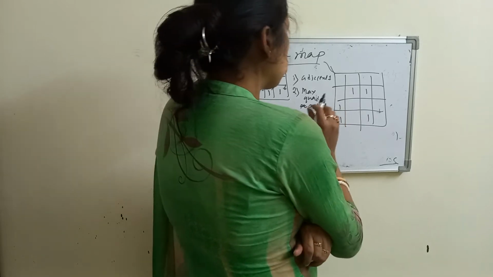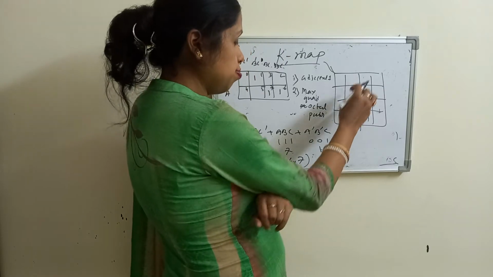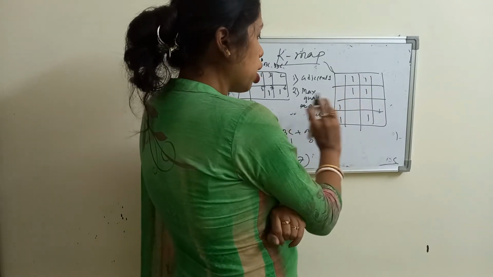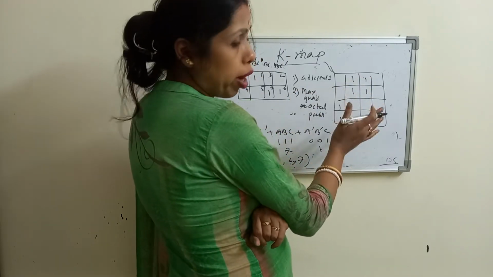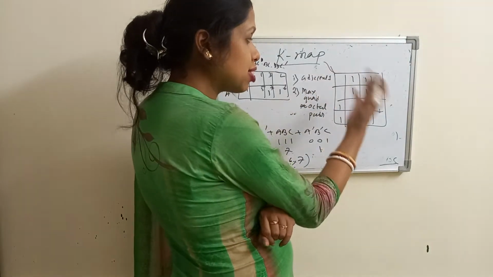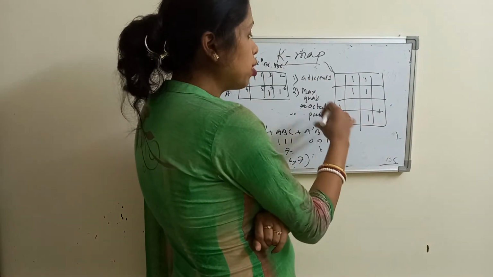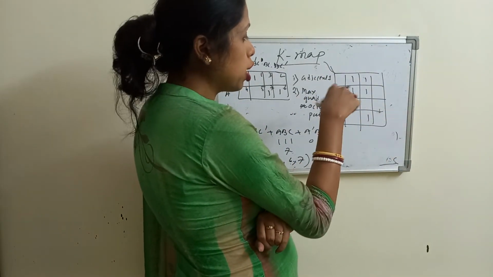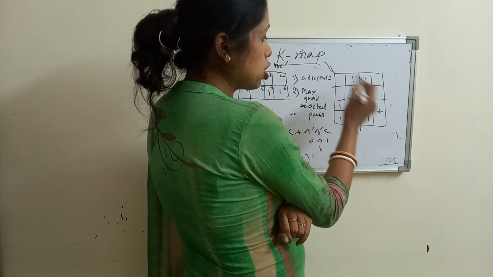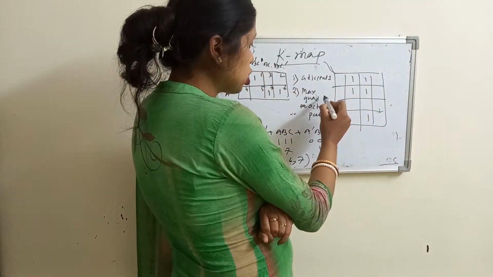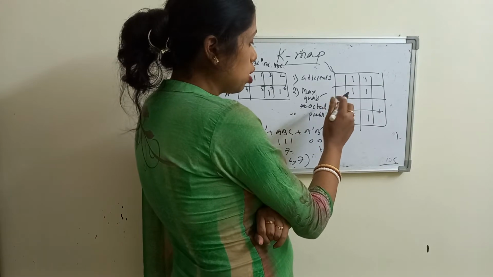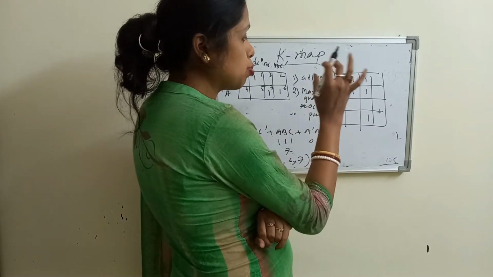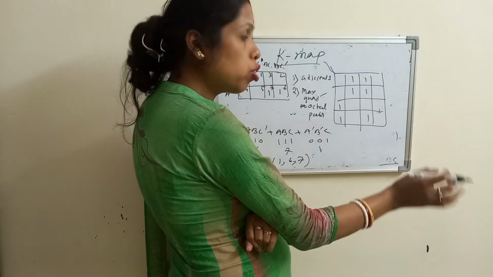What does that mean? For grouping I have to choose adjacent ones. After choosing adjacent ones, I have to check how the structure looks. First I have to check the maximum quad, whether I can design a maximum quad from those adjacent ones or not.